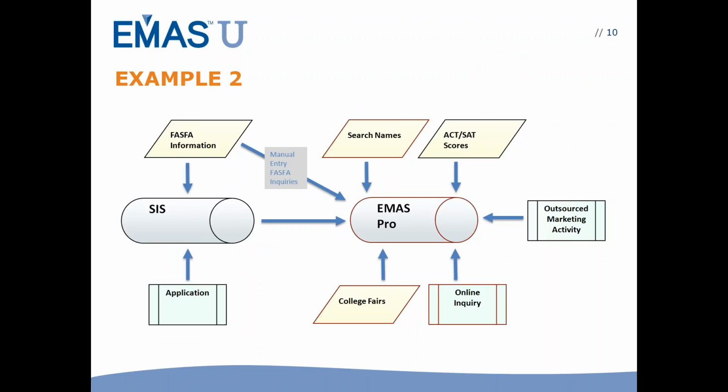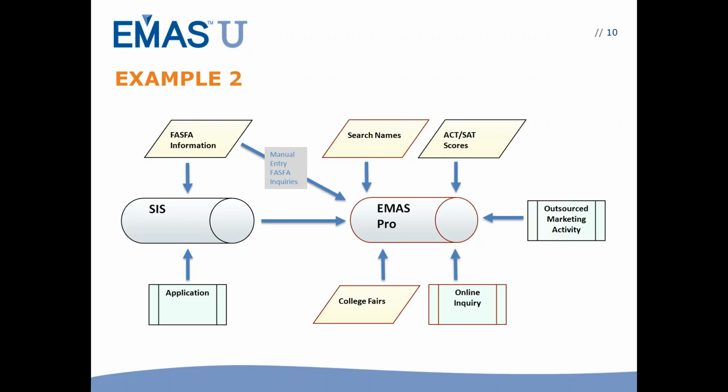ISIRs that don't have applicants in Banner. So we load ISIR, well, yes, just the bio data goes into EMAS for those that don't have an applicant record in the SIS. Okay, so you do get your inquiries where you're getting a FAFSA submitted, but the student wasn't already applied, right?